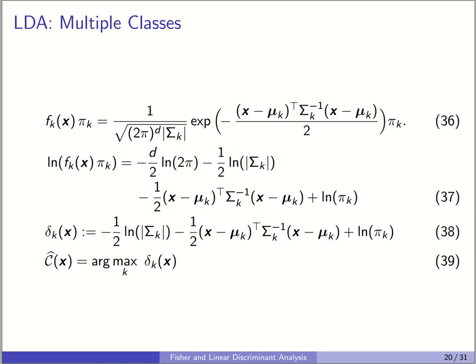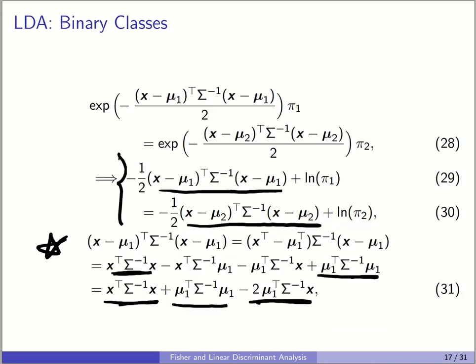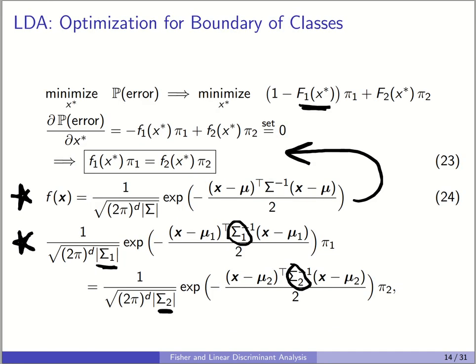Now assume we have multiple classes rather than binary classes or two classes. Do you remember we had f pi? In equation 23 we had fx pi.